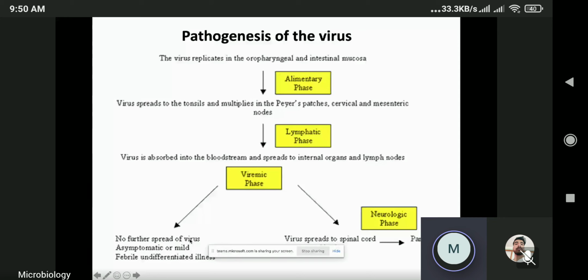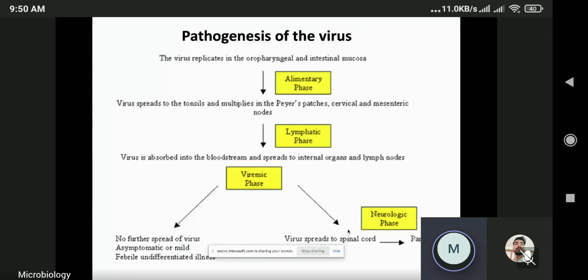But in this case, the viruses manage to bind to the nerve endings because they have the receptors to bind there, and via retrograde axonal transport they reach the CNS and cause paralysis. Okay, so that is the pathogenesis of the virus.